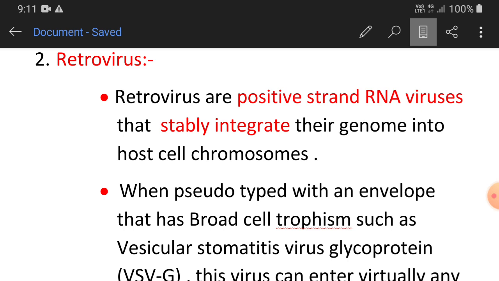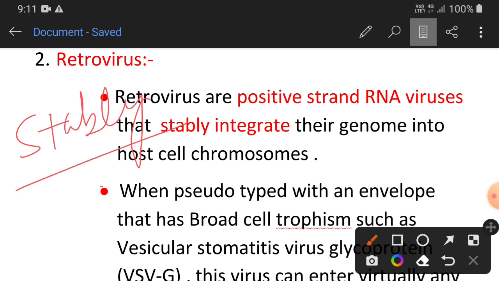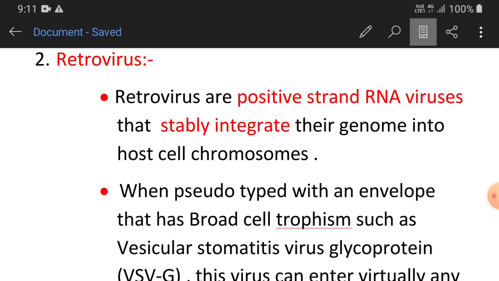Remember, in the adenovirus vector lecture we ended with a problem: adenovirus cannot express the transgene stably, because it expresses the transgene in the nucleus episomally, right?